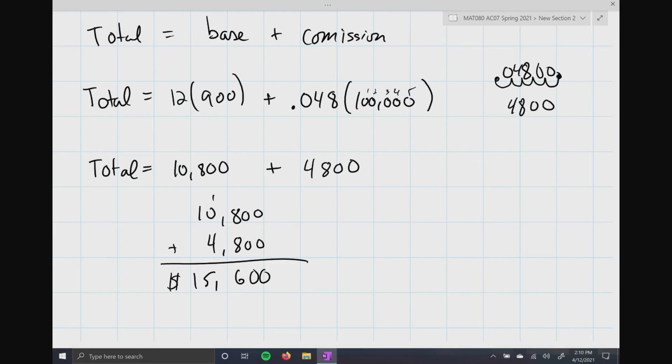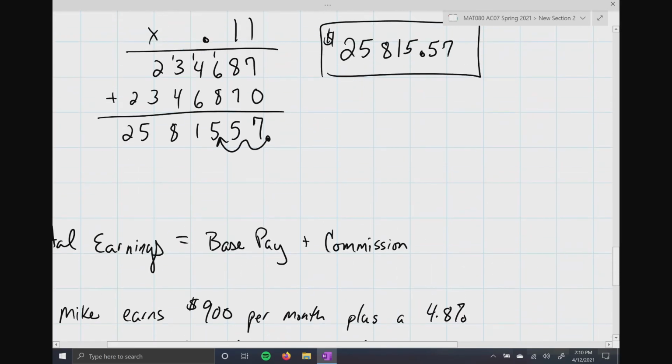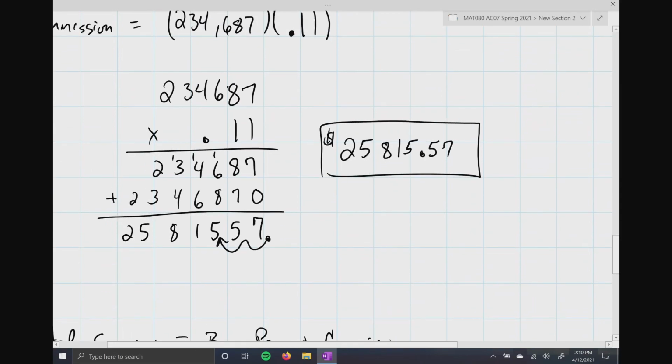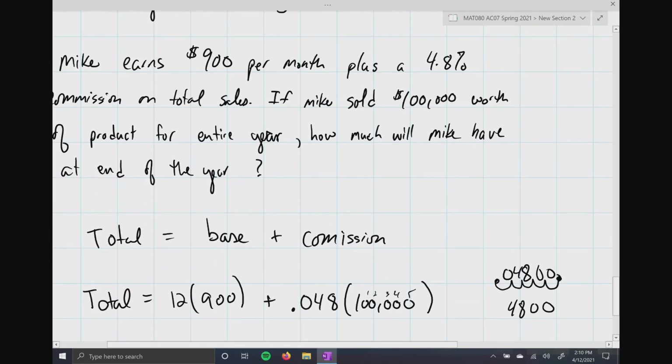Mr. Floyd, I have a question. Go ahead, CJ. So I'm a little confused. In the first example for commission, we multiplied the 234,687 by 0.11, and we got the answer that we got in that first one, right? In the second one, we changed the 4.8 to 0.048. Why is that different than the first one?